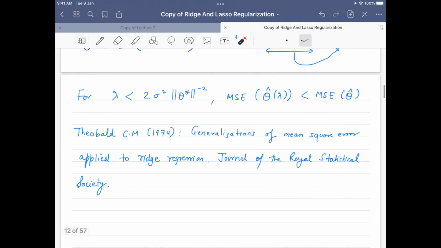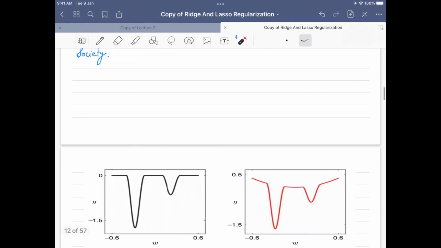This is proved in this paper. If you want, you can go into this paper and see the derivation. In that derivation, it has been shown that if your lambda value is restricted in the range less than this value, then the mean square error of the regularized version of the theta estimate is less than the mean square error of the unregularized case of theta hat.